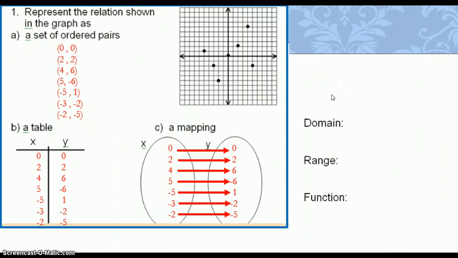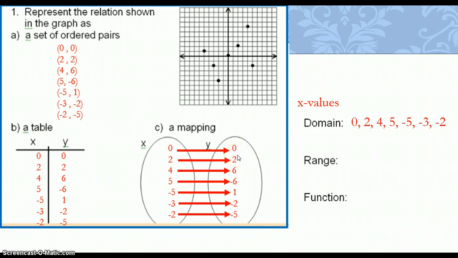Now I want to talk about domain and range. My domain is basically all of my x values, and all I have to do is write down every x value that I used in this relation. It's very easy since I can just copy down the x column on this table, and I'm done.